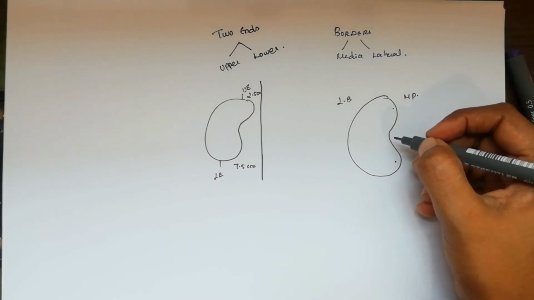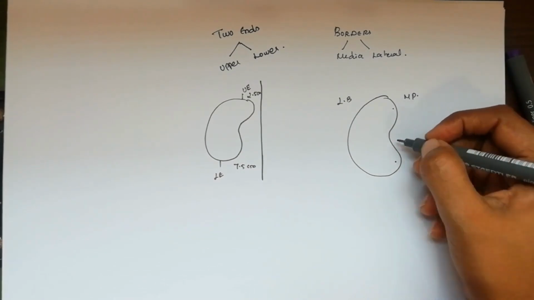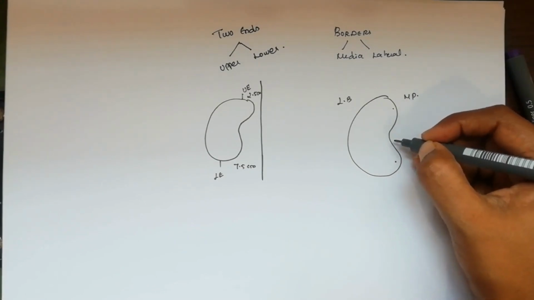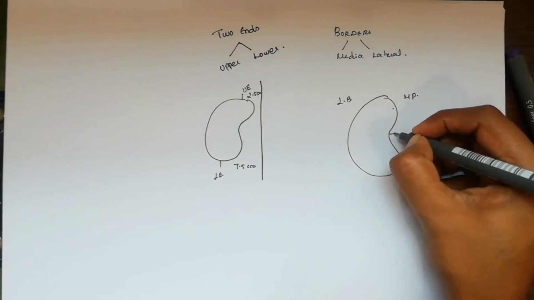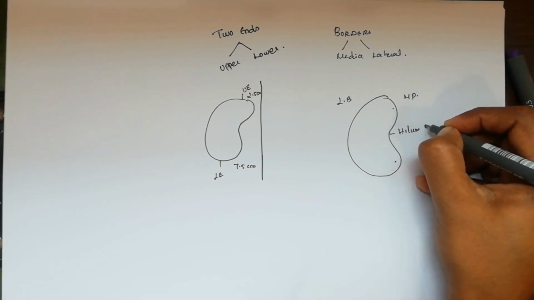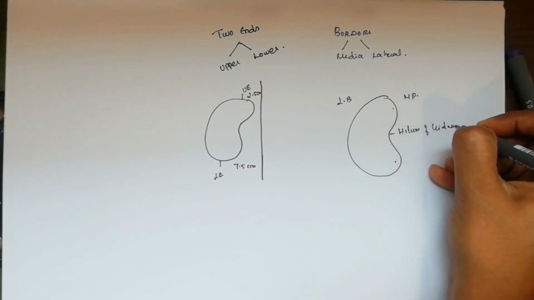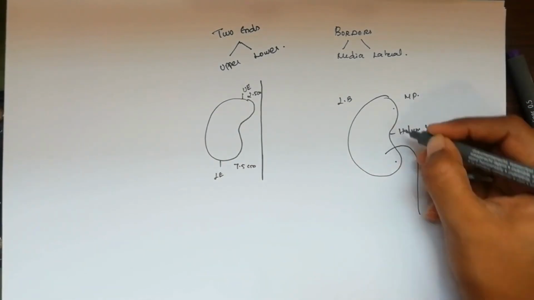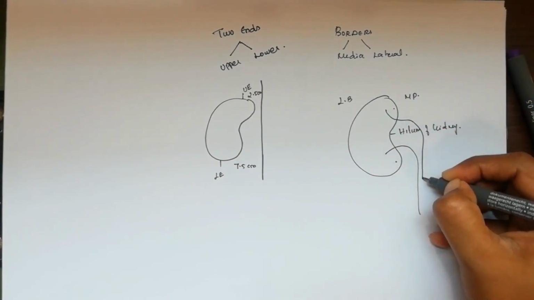Why? Because from this concavity we have got some structures emerging. So we are calling this concavity as hilum of the kidney. So this is hilum of kidney. That is medial border, middle part is called as hilum of kidney, where we have got renal pelvis going to pass as ureter.